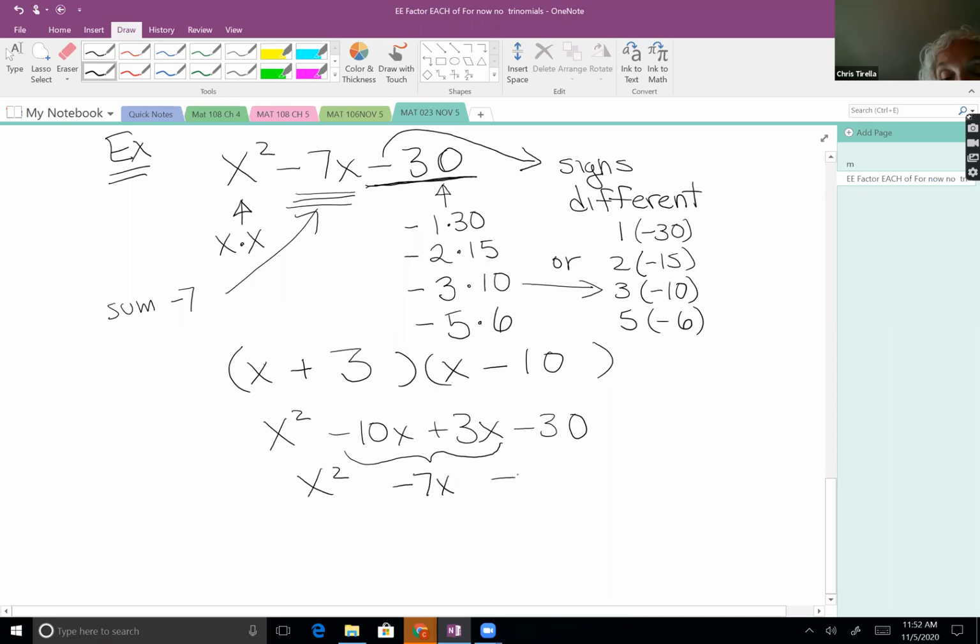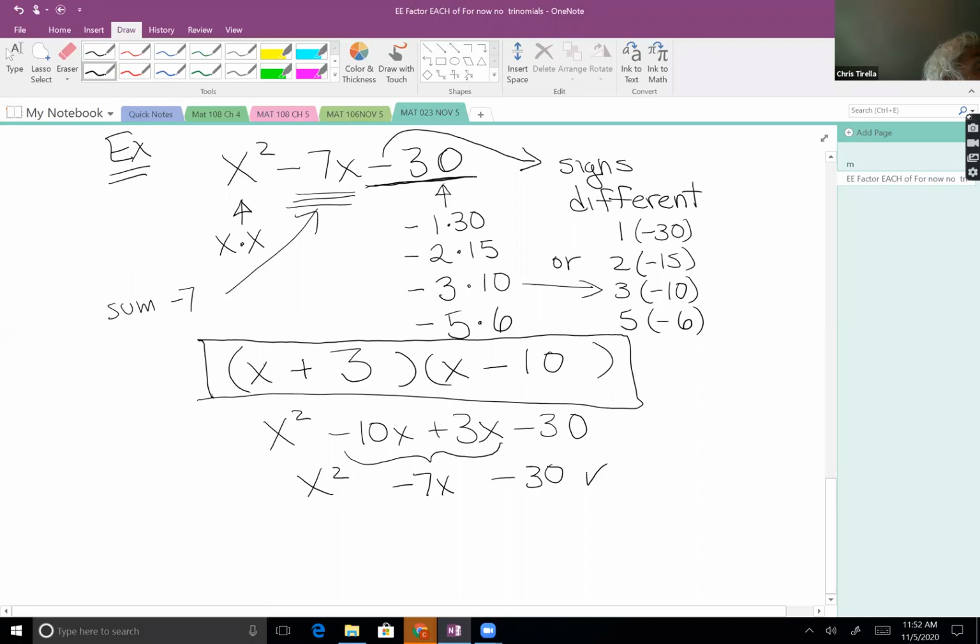And so it checks. But again, my answer is this factored form. How is it? Okay.